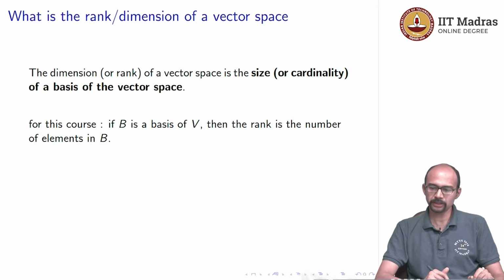So, what this means is if B is the basis of a vector space V, you just count the number of elements in B. For example, in the standard basis, if you have Rn, we have the standard basis E1, E2, En, the number of elements in that basis is n, okay, and that is exactly the dimension or the rank of the vector space Rn.